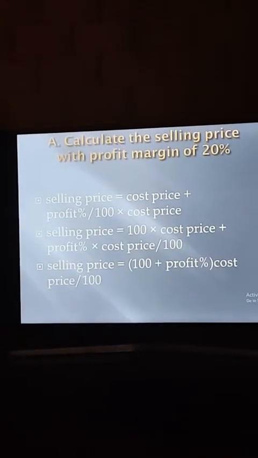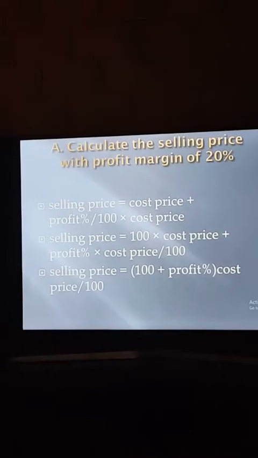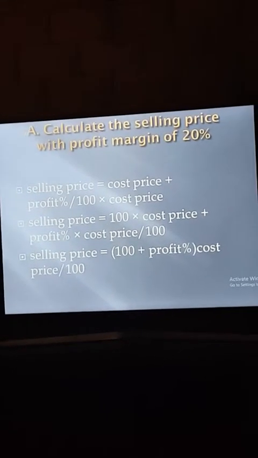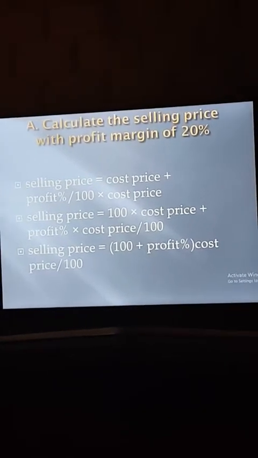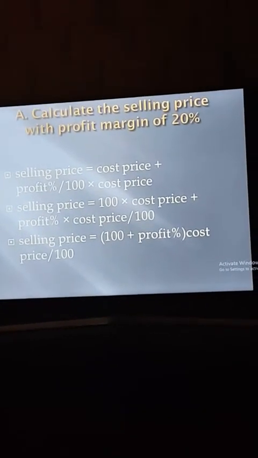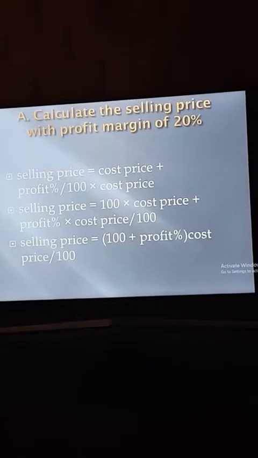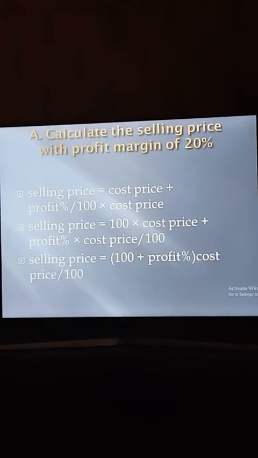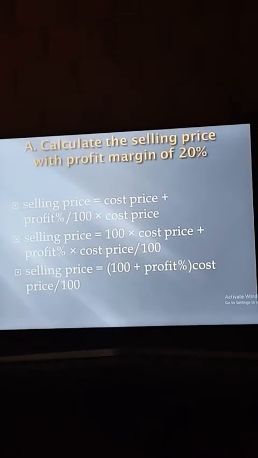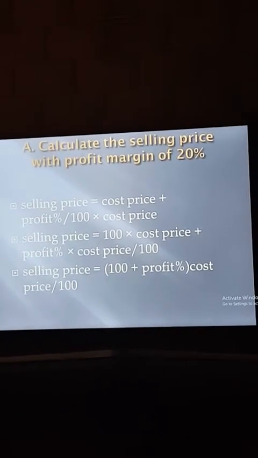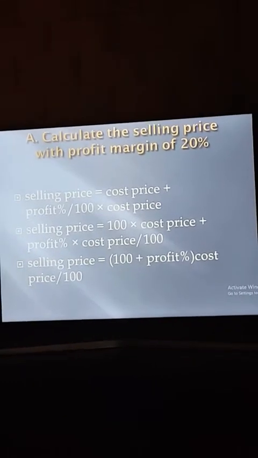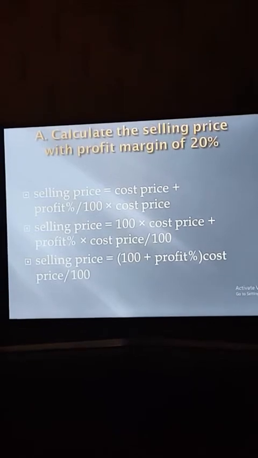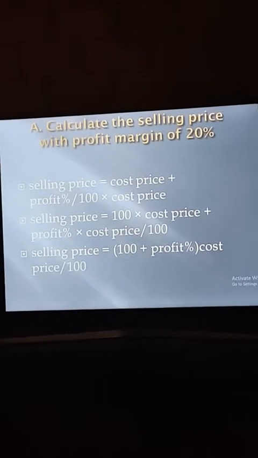After you do the processes, which means eliminating the fractions, selling price equals 100 times cost price plus profit times cost price over 100, which finally gives us the formula that we need: selling price equals 100 plus profit percent, or profit margin, times the cost price over 100.